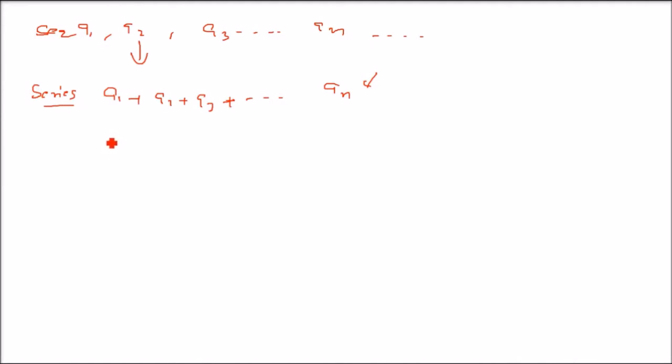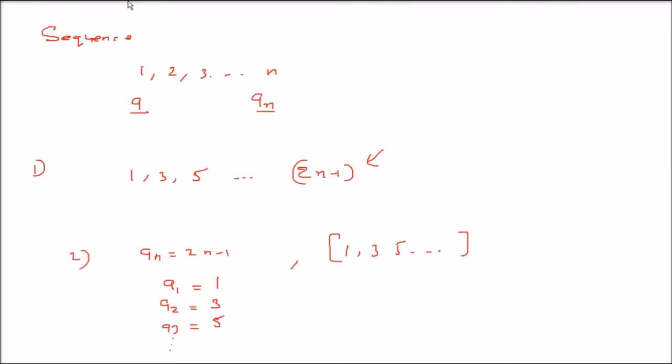There is a pattern. There is a sequence. A sequence with an explicit formula which defines it is called a progression. If the numbers are written in a certain pattern or with a certain explicit formula, it is a progression. 1, 2, 3 is a progression. 1, 3, 5 is a progression.